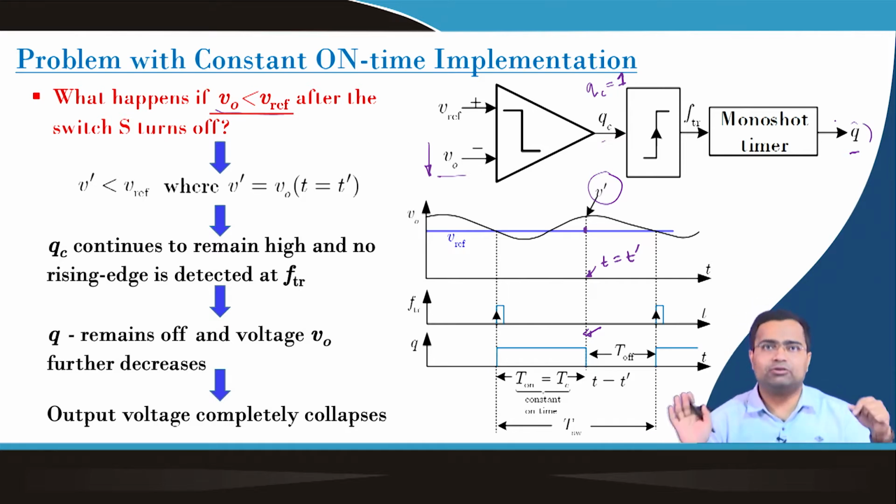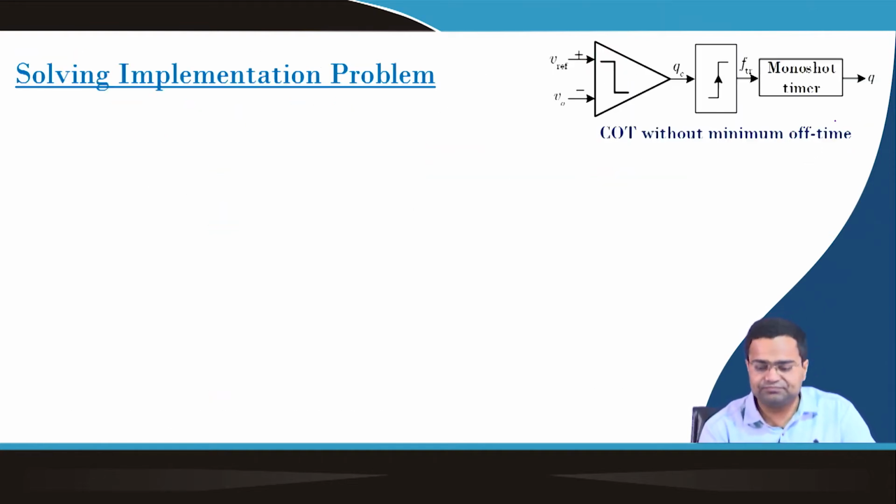The whole system will collapse, and this happens during the transient. So, how to avoid such a scenario? How to solve it? Because in a commercial constant on time controller, you need to put in a fix, so this is straightforward, as we discussed.